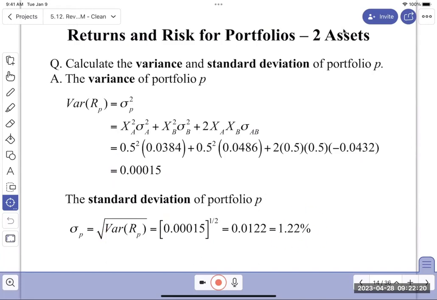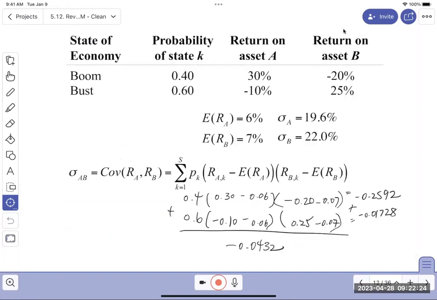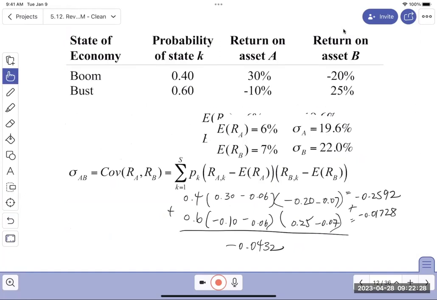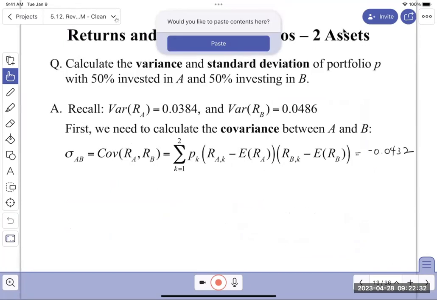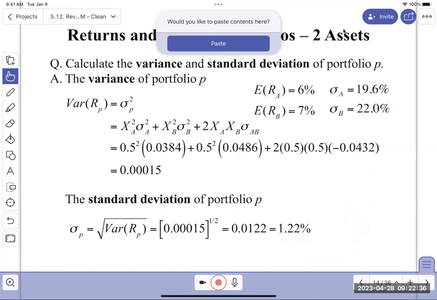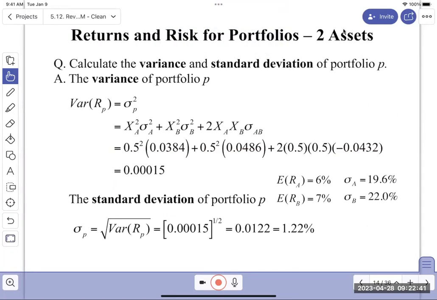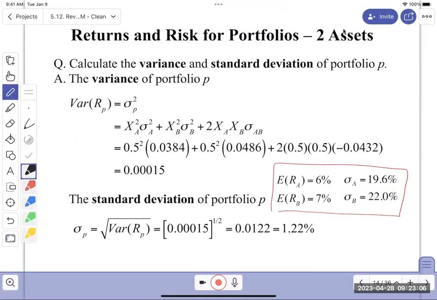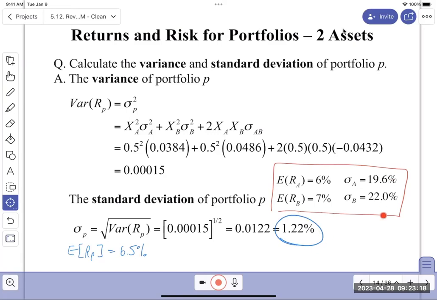And what do you notice? Looking back, remembering our data here, the returns, the risk, the measure of risk as the standard deviation, the measure of return as the expected return, combined into a portfolio with 50% of each, has an expected return equal to 6.5%, but a standard deviation much smaller than these.